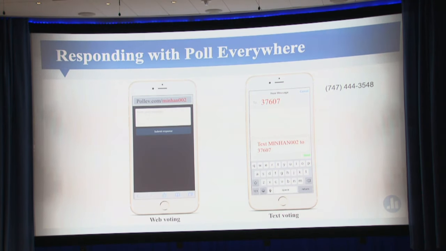So if you are ready to use your mobile phone, if you have your smartphone, what you have to do is type that internet address, pollev.com/minhan002. That minhan002 is associated with my account, so you're going to answer my question only.